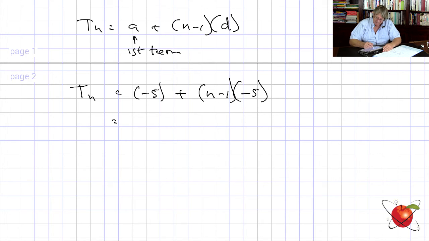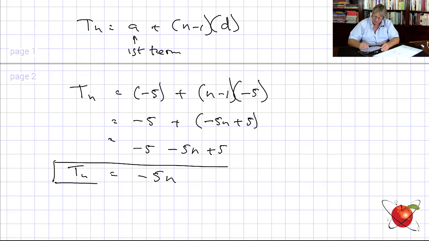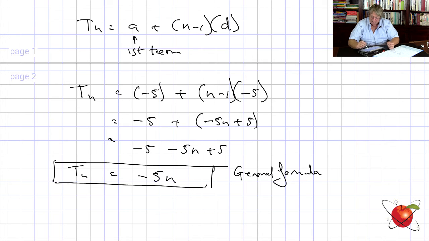So we remove the brackets: minus 5, minus 5n plus 5, which is minus 5n. Okay, so now we know that Tn, this is the formula, the general formula for a series, isn't it?